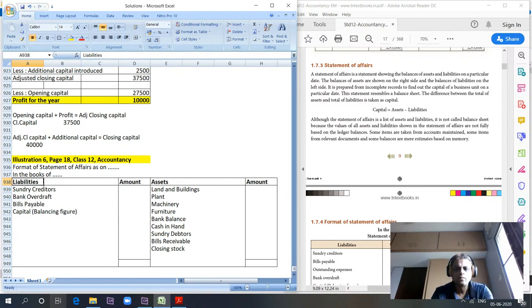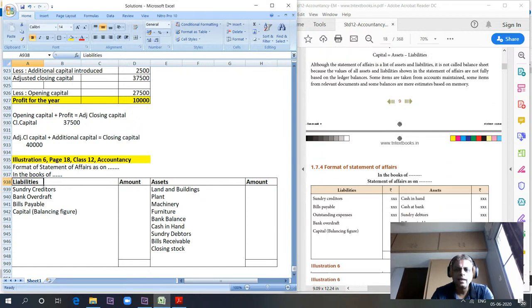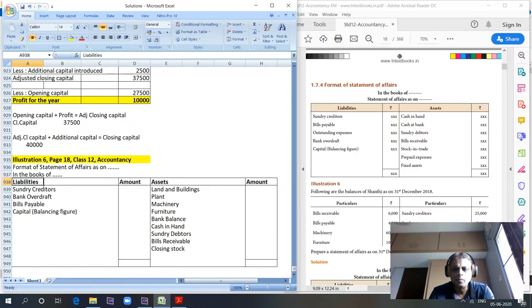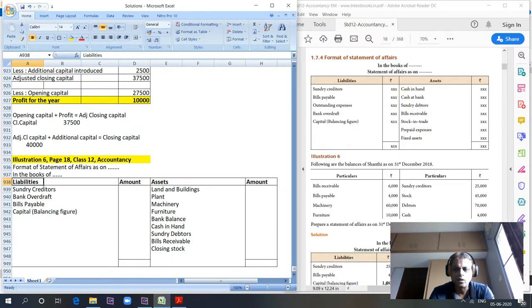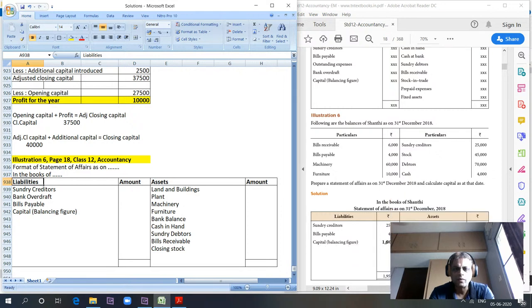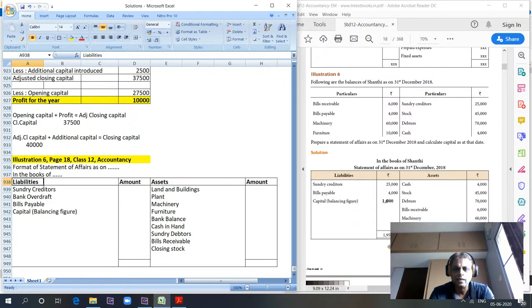So let's try and solve some of the problems we have, and then we'll go into the exercises also. But we'll first solve the problems in the illustration. From the following balances of Shanti as on 31st December 2018, prepare the statement of affairs as on 31st December and calculate the capital as on that date. So we have the format available here.